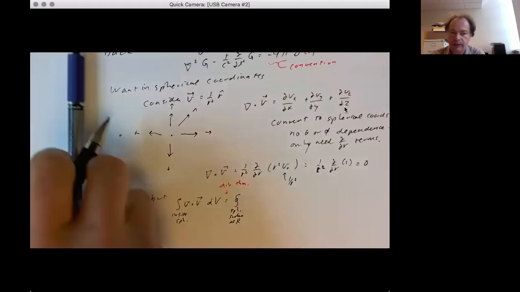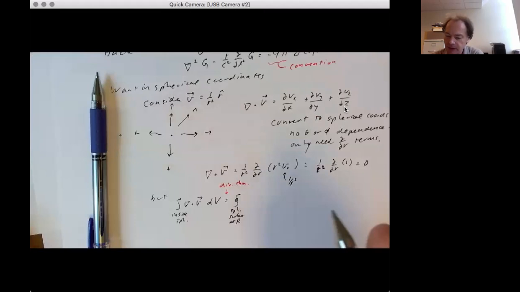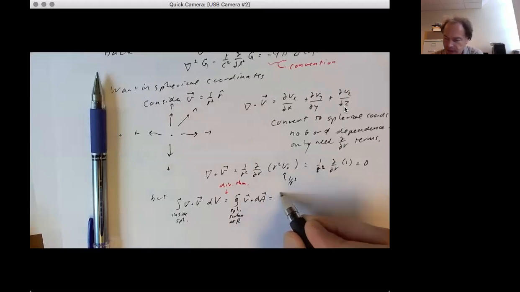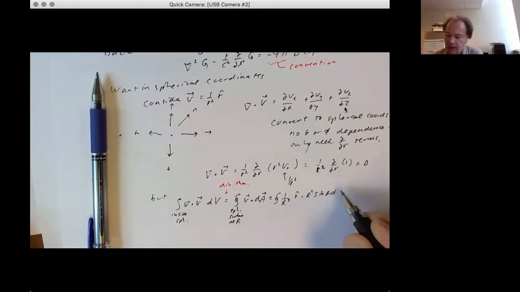And good luck, pen, it doesn't go out of focus. This is V dot dA, which is the integral on that surface. I chose it to be r hat dot r squared sine theta d theta d phi r hat.